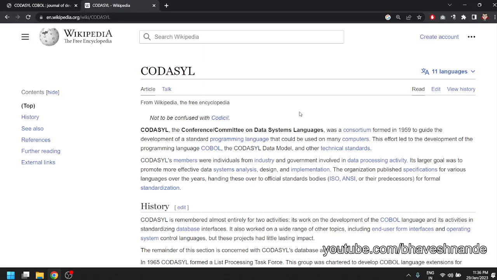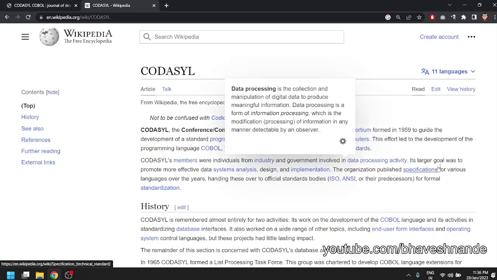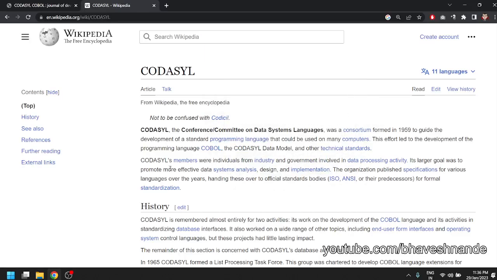CODASYL's members were individuals from industry and government involved in data processing activity. Its larger goal was to promote more effective data systems analysis, design, and implementation. The organization published specifications for various languages over the years, handing these over to official standard bodies like ISO, ANSI, or their predecessors for formal standardization.